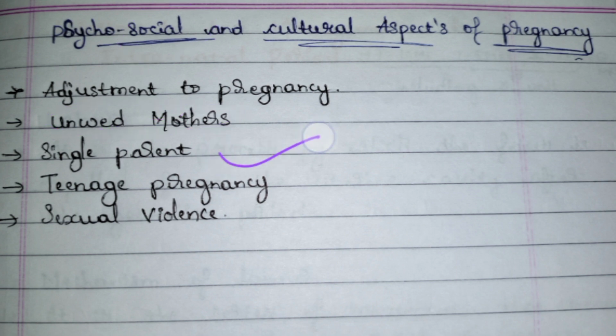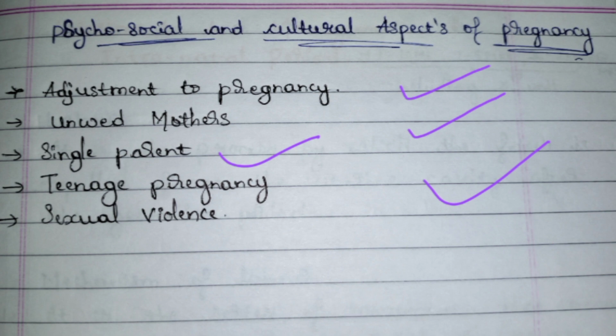And then single parenting, which can be seen in different ways. Either single parenting by choice, where the mother decides she wants to raise her child on her own, or the parents get divorced, so the child has to stay with either the mother or the father. The third type is if the father is working in a different place, so the mother has to take care of the child alone.